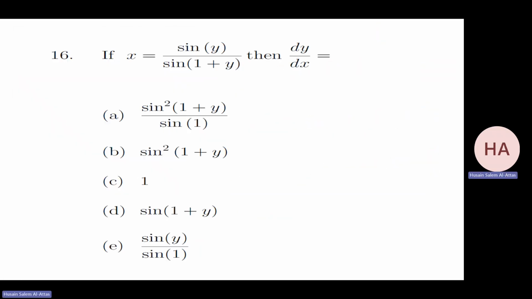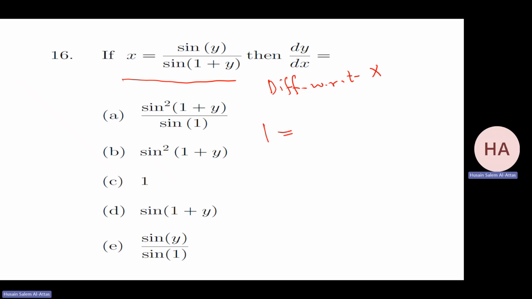Now we'll move. These are the old problems. Let me do the calculations. What I need to do is differentiate with respect to x. What will you get? The derivative of this one.